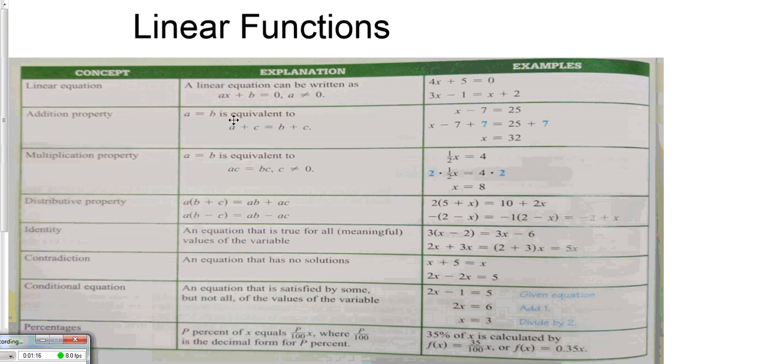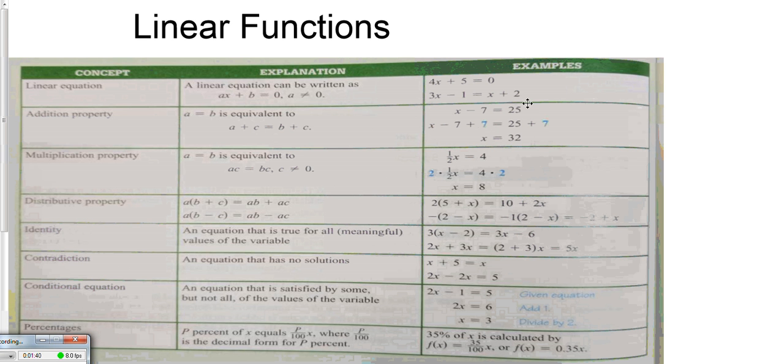The addition property, so if you take a equals b and you just add c to both sides, a plus c equals b plus c. Okay, this is the same reason why we can take something like x minus 7 equals 25, add 7 to both sides, minus 7, add 7, those kind of cancel out, and we just get this x equals 32.